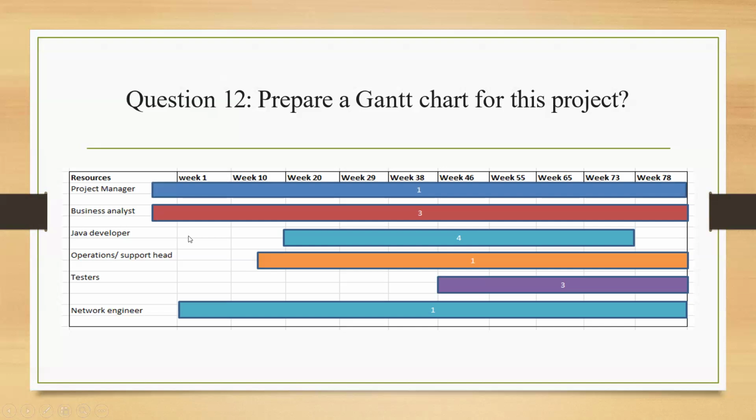The same with the business analyst also. Whereas the Java developer will be involved from week 20 to week 73. Likewise, identify the resources in your project, mention the time duration in which they are involved, and create a Gantt chart for your project. You can make use of Excel for creating your Gantt chart. This is what you need to put in your document for this particular question.